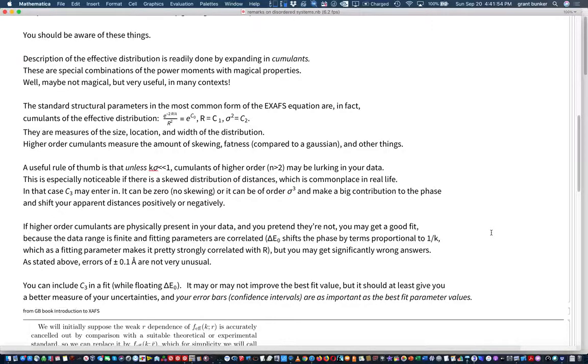They have many applications. In fact, anytime anybody broadens a Gaussian with another Gaussian and adds the sigma squareds, they're in effect using a very nice property of cumulants, which is that cumulants add when you convolute distributions. It's very general and very useful.